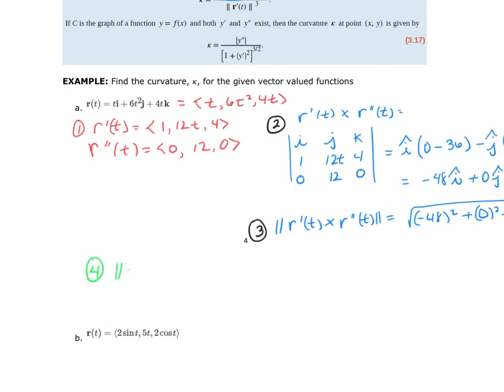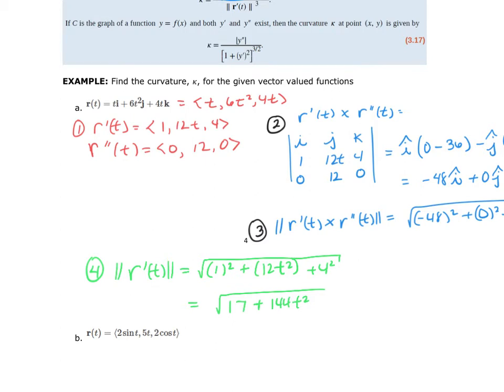So I need to find the modulus of r prime of t, which is going to be the square root of 1 squared plus 12t squared plus 4 squared, which is going to give me the square root of 17 plus 144t squared. Okay, after I have found that, I now need to raise this to the third power.